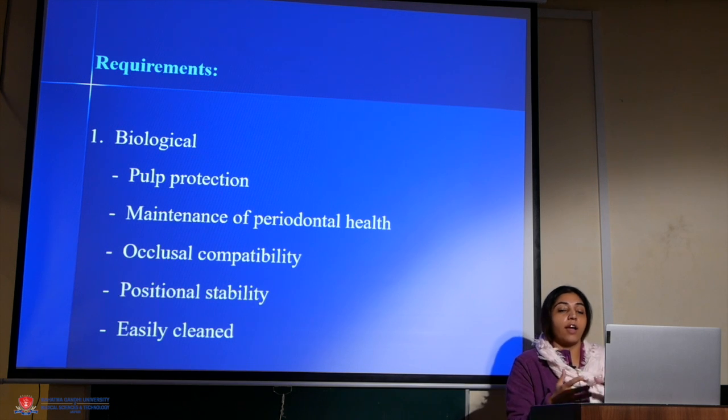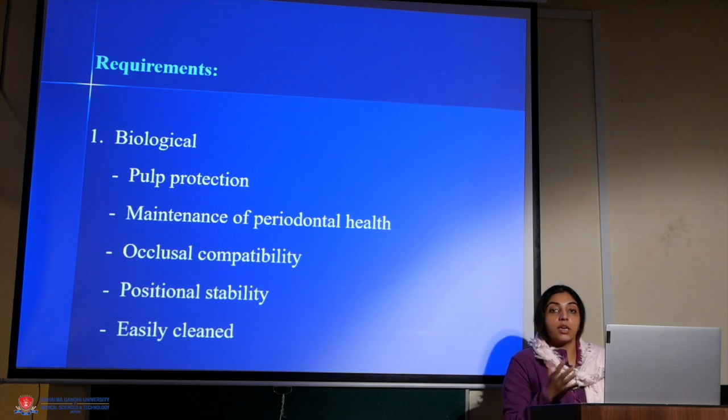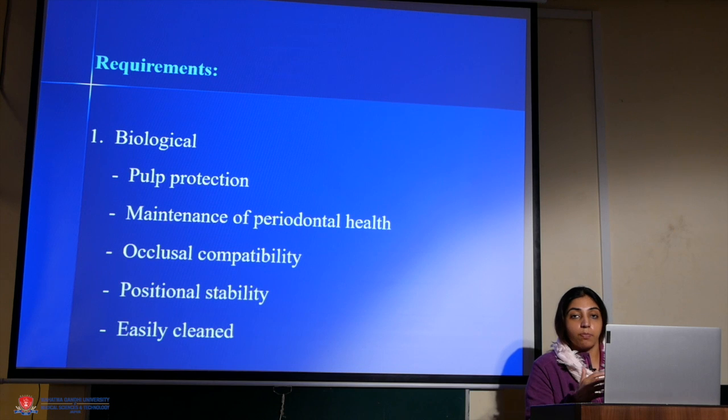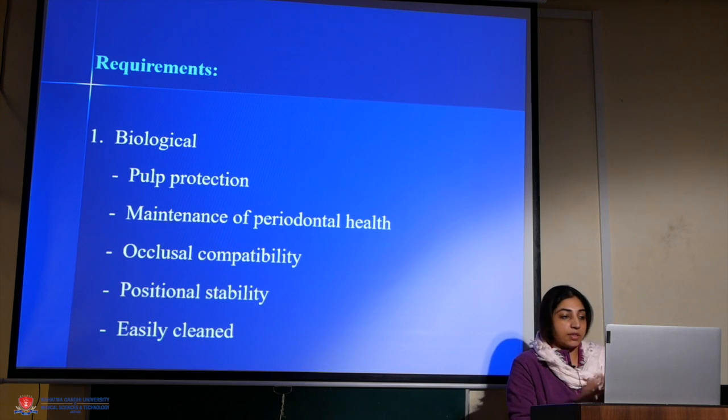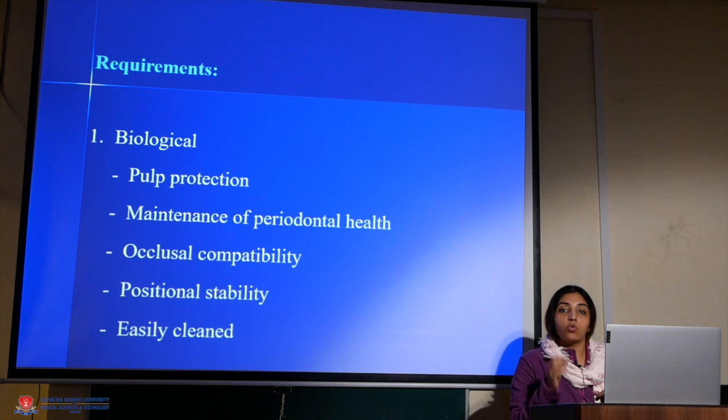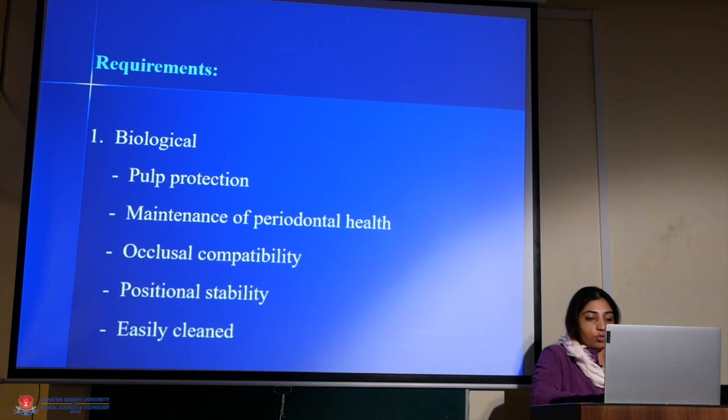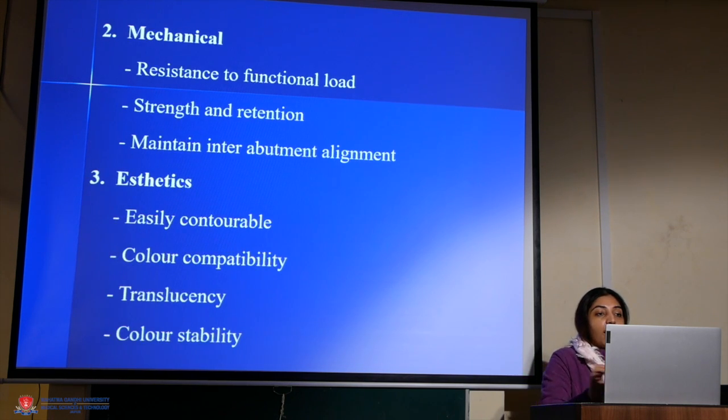We cannot afford to have supra-eruption and migration of the teeth while the final restoration is getting fabricated. So it has to have its occlusal contacts in position. It also has to be stable and keep your dentition stable. It should be easy to clean and not cause plaque accumulation. So these become our biologic requirements.